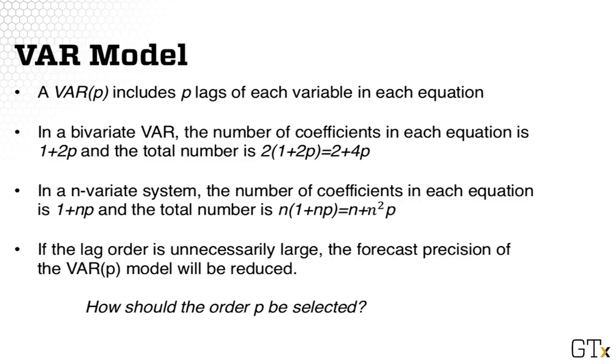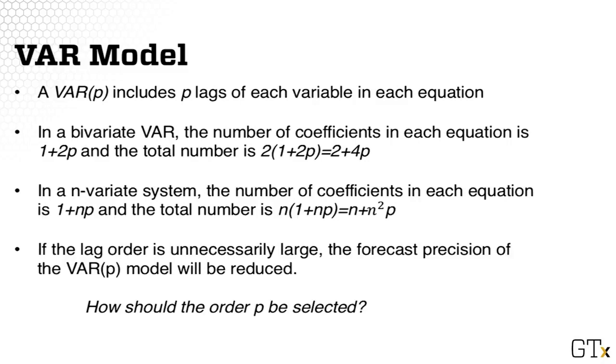For example, for a bivariate time series, the number of coefficients in each equation is 1 plus 2 times P, and the total number is 2 plus 4 times P. When we have n time series, the total number of coefficients in each equation is 1 plus n times P, and the total number is n plus n squared times P. This can be very large when n or P are large.